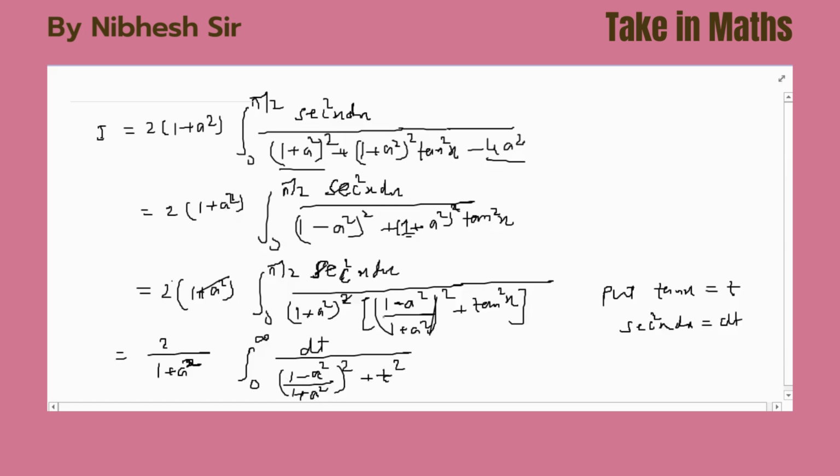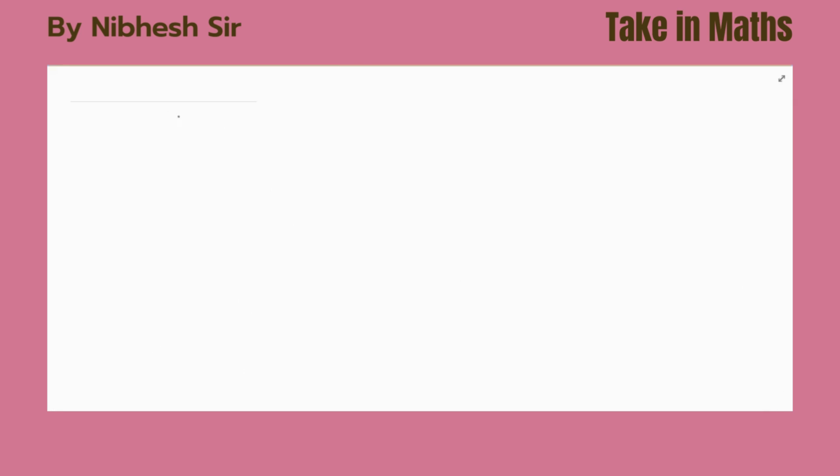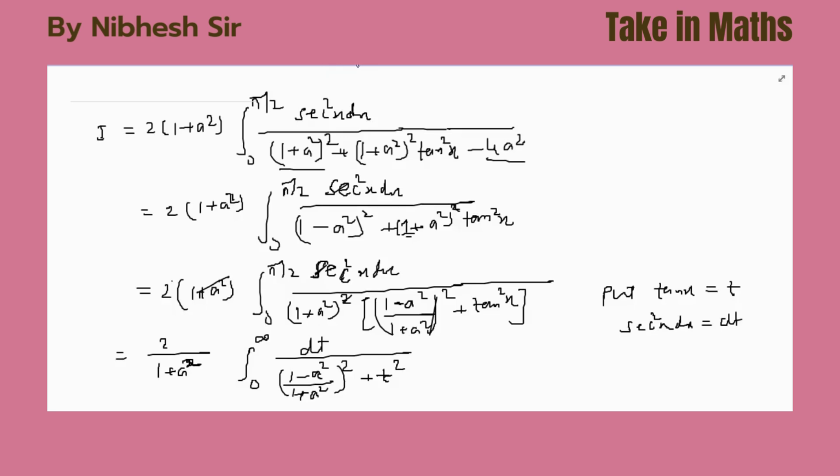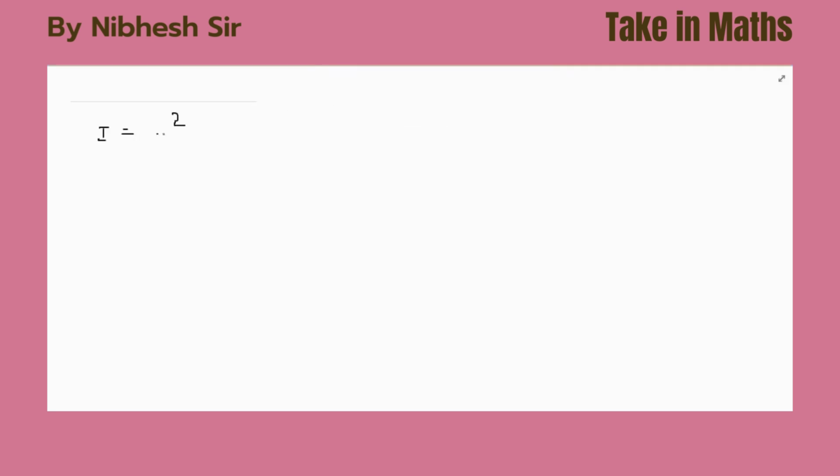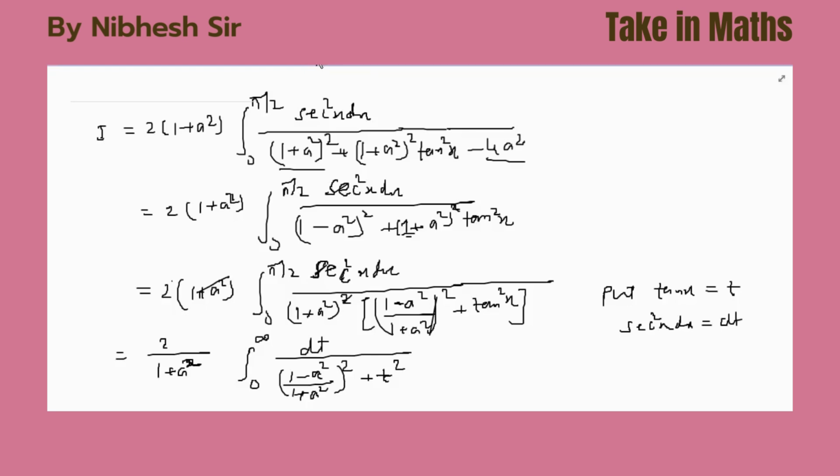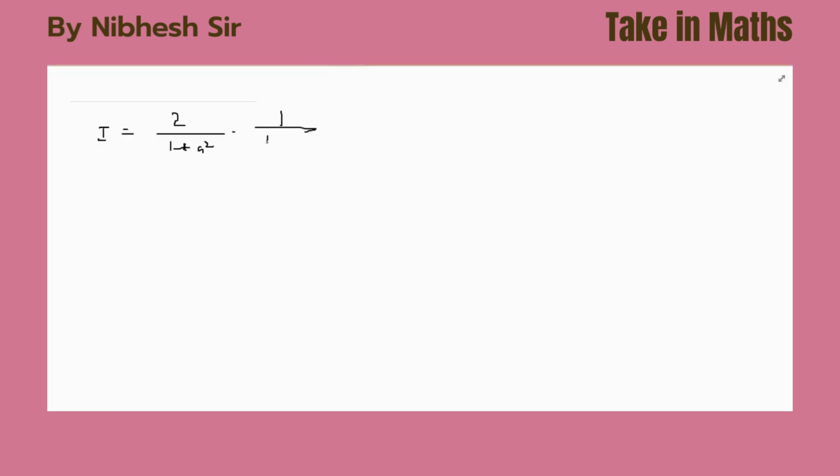Now I will use the integration formula. I equal to 2 by 1 plus a square, and the integration of this is 1 by a. So 1 by a is basically (1 minus a square) by (1 plus a square), and this is tan inverse of x by a.